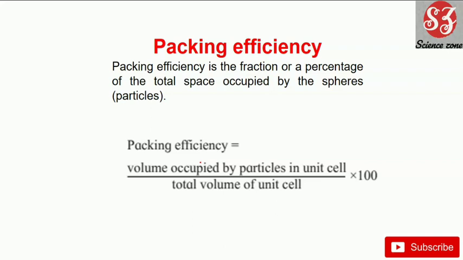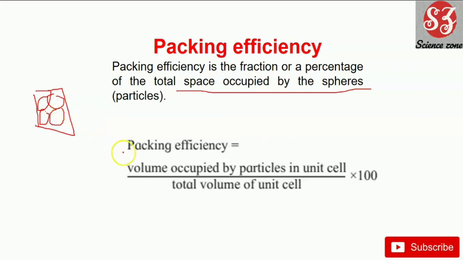So what exactly is packing efficiency? Packing efficiency is the fraction or percentage of the total space occupied by spheres. So in a unit cell, the amount of space the spheres occupy is called packing efficiency.